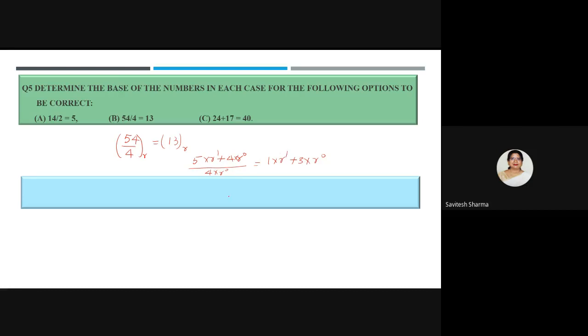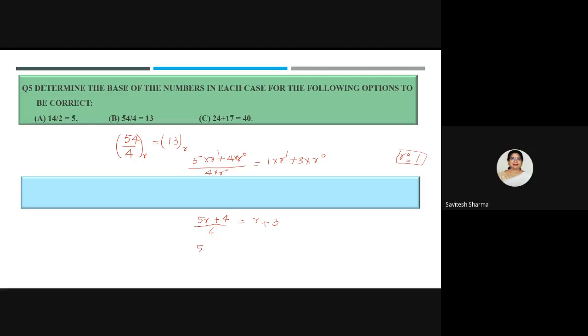Now R to the power 1 is R. So it is my 5R plus R to the power 0 is equal to 1. Please don't confuse R to the power 0 with 0. R to the power 0 is 1. So whatever coefficient is with R to the power 0 will be the same. So 4 into R to the power 0 is 4. In the denominator also, 1 into R to the power 1 is R plus 3.